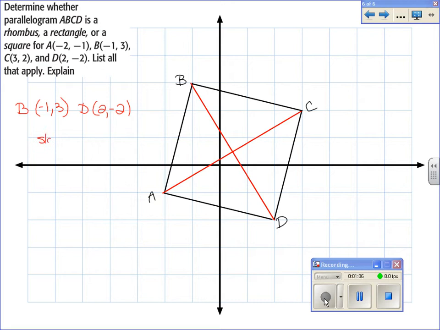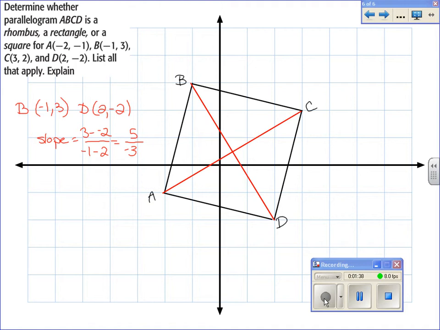The slope here, remember, is rise over run. So it'll be the difference of the y-coordinates, 3 minus -2, over the difference of the x-coordinates, which would be -1 minus 2. Simplified, 3 minus -2 is 5. -1 minus 2 is -3.